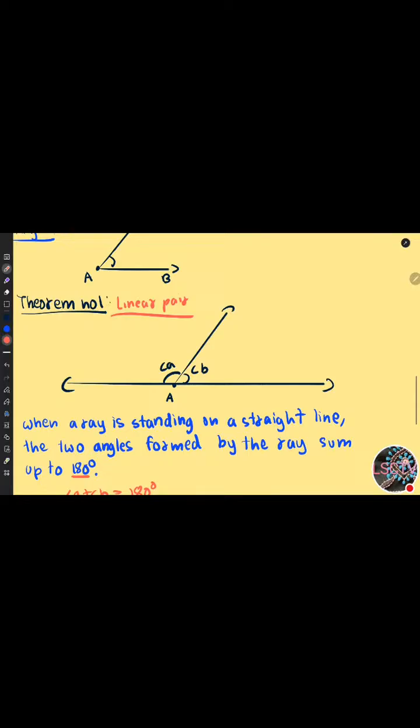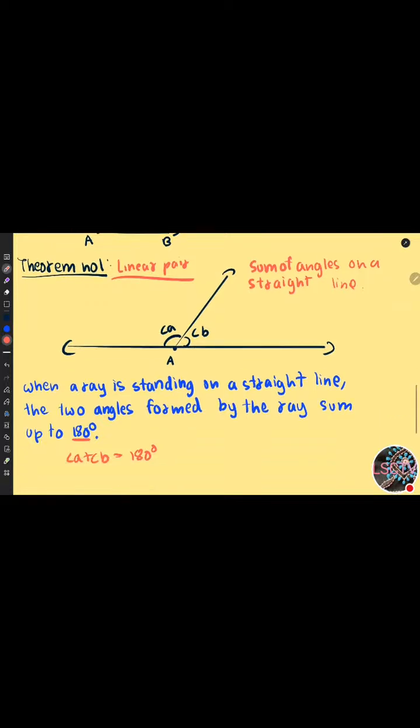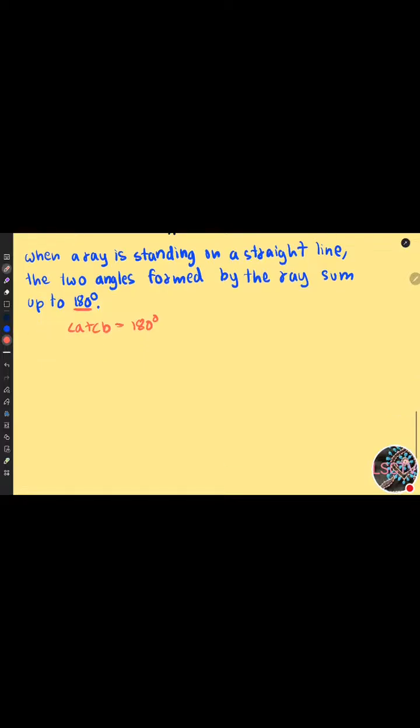However, if there are more than two angles, you call it sum of angles on a straight line. Now, let's say angle A plus angle B equals 90 degrees. Angle A and angle B are complementary angles.